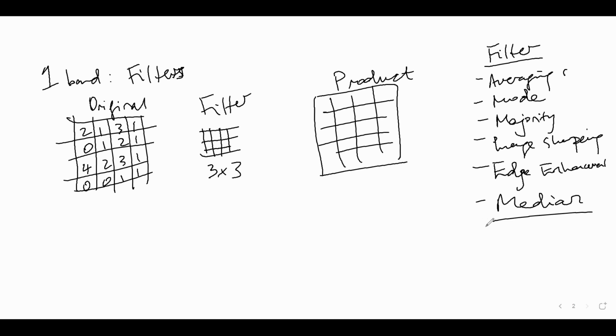What is our median? Median means middle value. So we're going to explore with a median filter. We have some fictitious values: 1, 2, 0, 1, 3, 2, 0, 4, 1, 1.